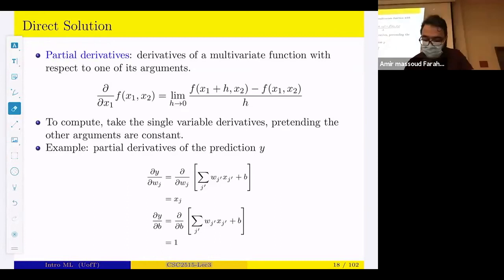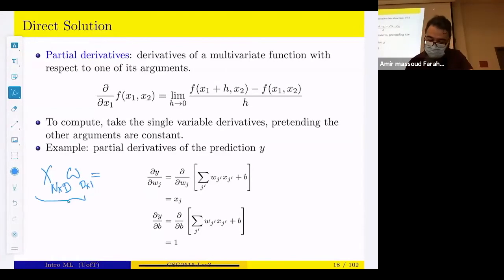I guess there are two answers for that. We get to something very similar to this. The comment was that we have a design matrix, which is n by d, multiplied by the weights, which is d by 1.